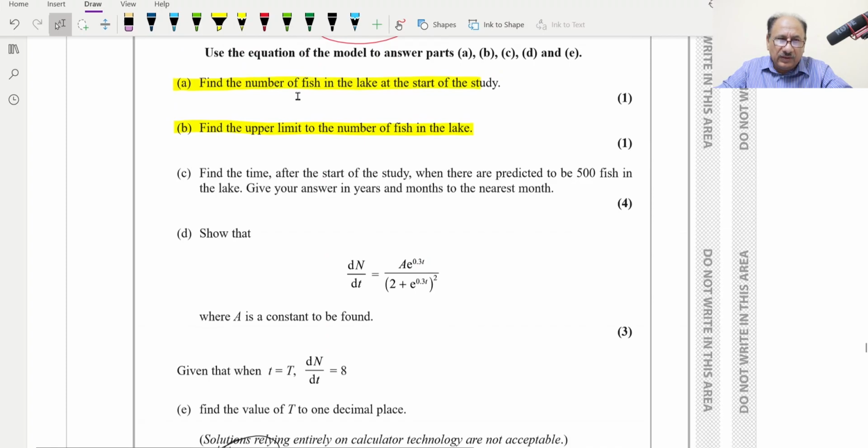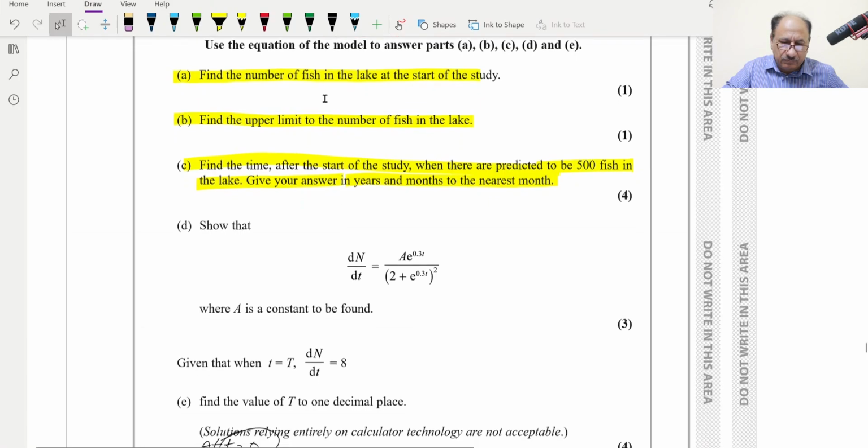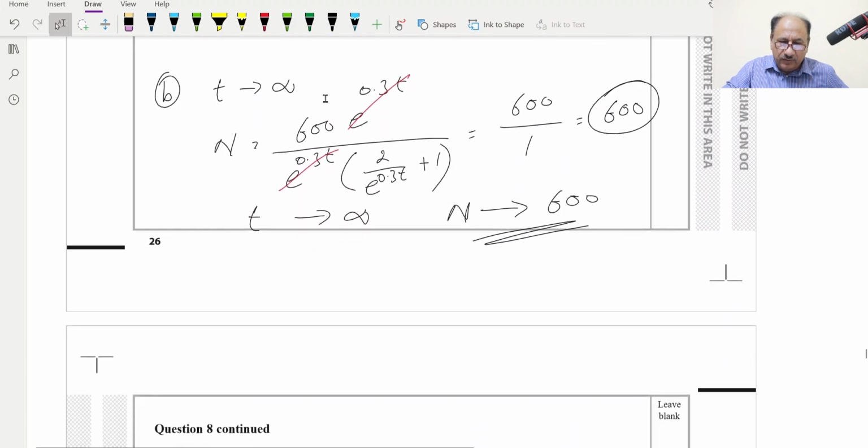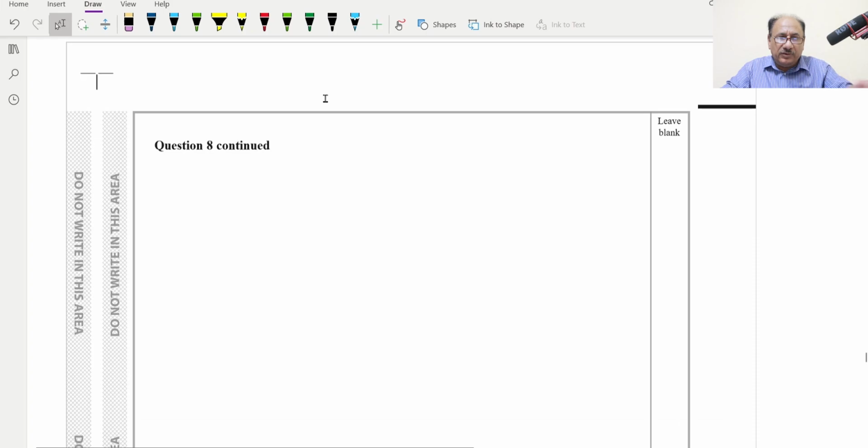Now for part c, they're saying find the time after the start of the study when there are predicted to be 500 fish in the lake. Give your answer in years and months to the nearest month. So for that we will take the equation which is provided.